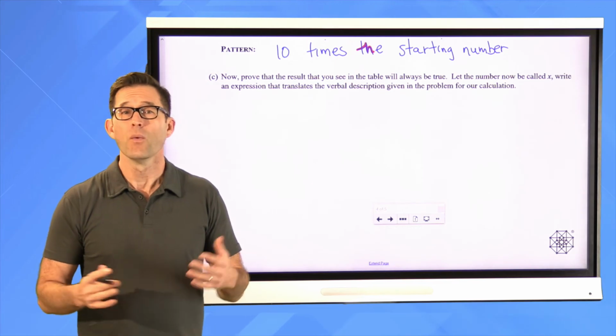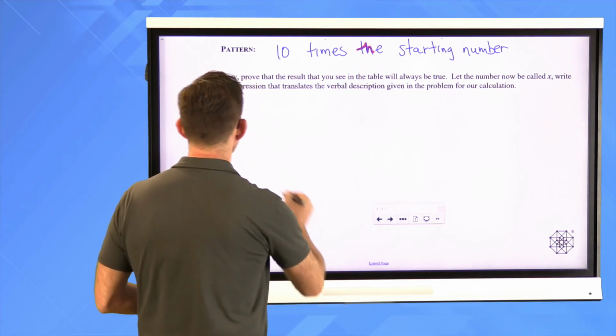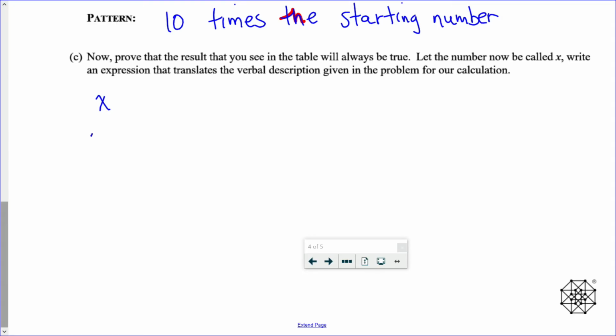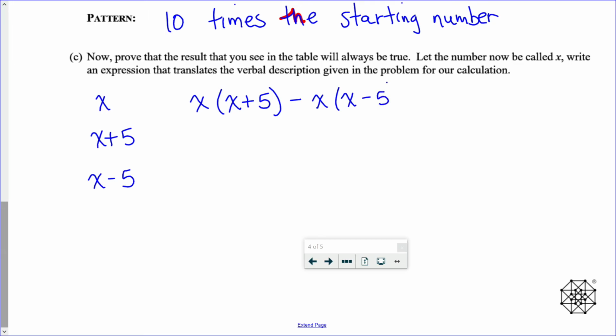All right, well, let's get some basics, right? We've got our number x, we've got our number that's 5 more than x, we've got our number that's 5 less than x, right? We knew that we had a product of the number with a number 5 larger than it, right? And then we were going to subtract off the product of the number with the number 5 less than it.